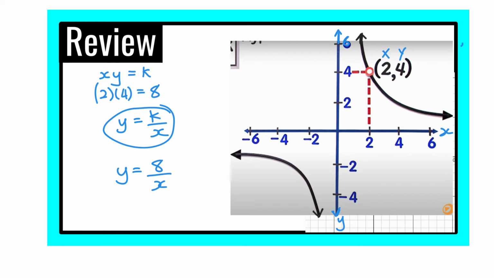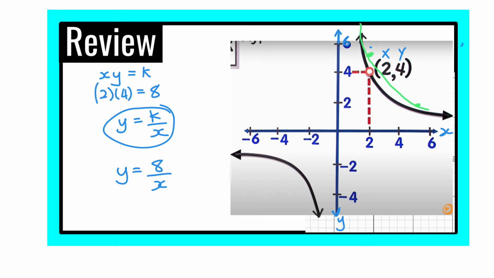Now you can see the bigger the value of k, if k was, let's say 10, then this point, when x is 2, 2 times 5 is 10. So if I choose a different color, if I go in green, 2 times 5 is 10, 5 times 2 is 10.